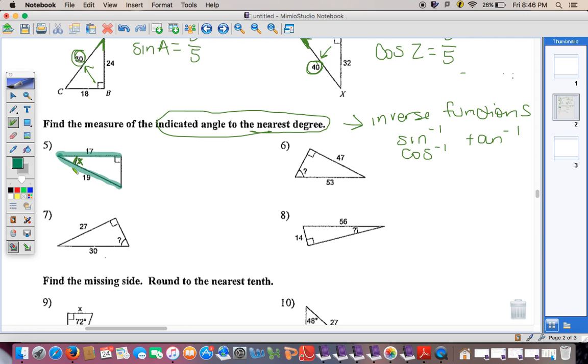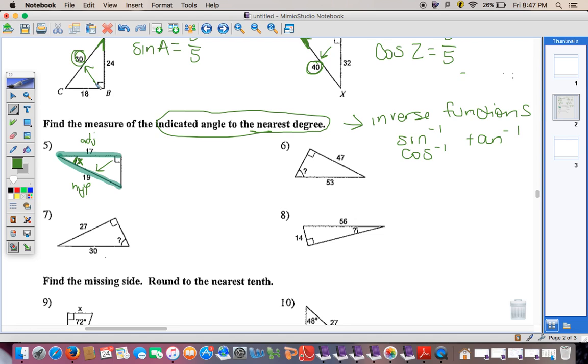In relation to x, the one that's across from the 90-degree angle would be the hypotenuse. So 19 is our hypotenuse. Now 17 is adjacent to our unknown angle, so we're given the adjacent side and the hypotenuse.